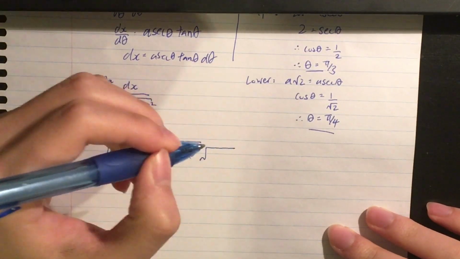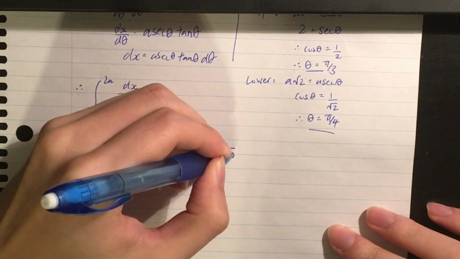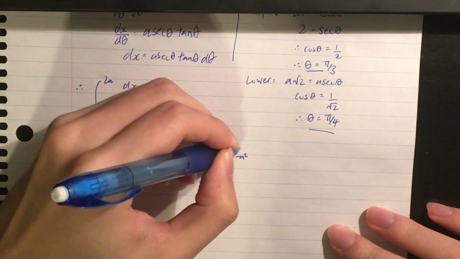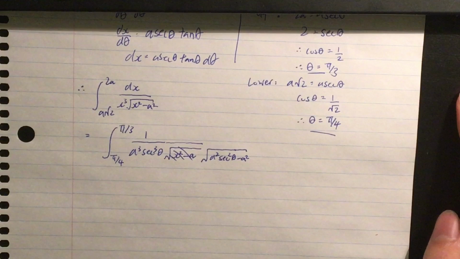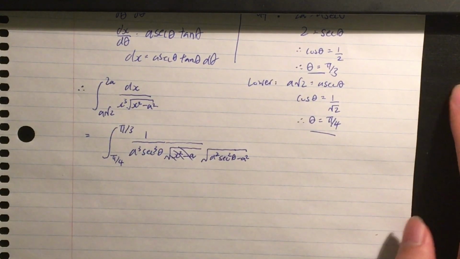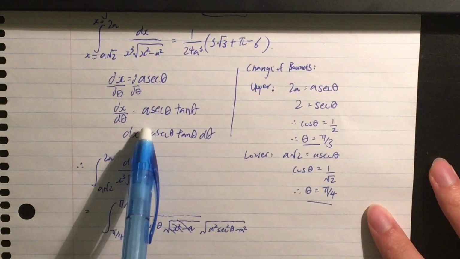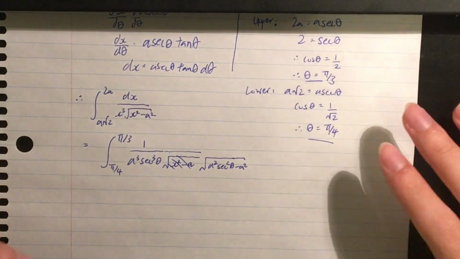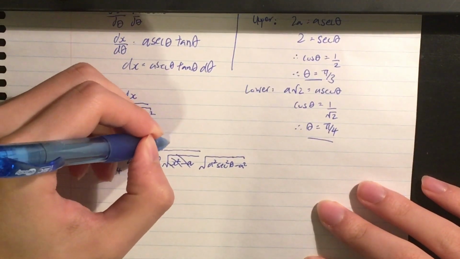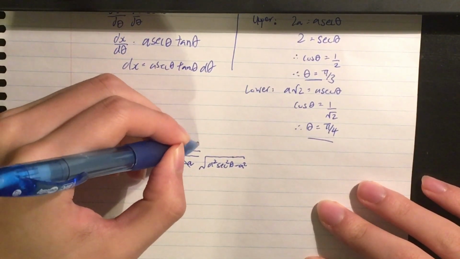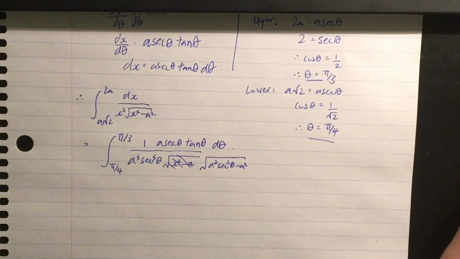We have square root a squared secant squared theta minus a squared. Okay. And on the top, we have this. So we have a secant theta tangent theta d theta, our differential here.